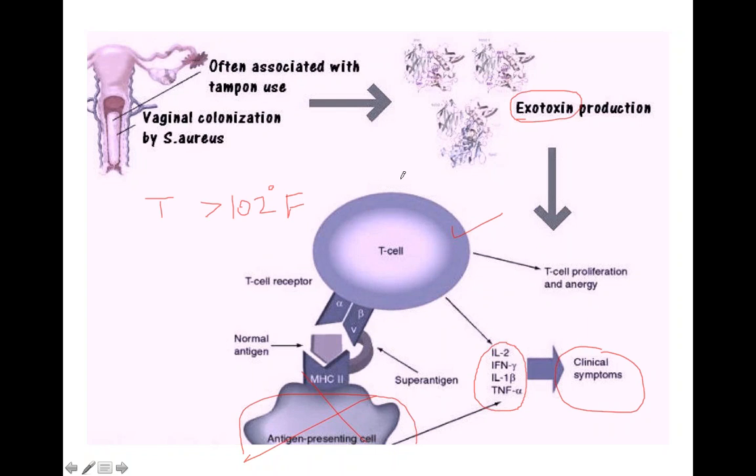Because there is staph aureus infection, the temperature will be high, and as the patient is in shock, systolic blood pressure will be less than 90, okay. Also the patient has diffuse maculopapular rash with desquamation on the palms and the soles, okay. So there is diffuse maculopapular rash with involvement of palms and soles, okay.